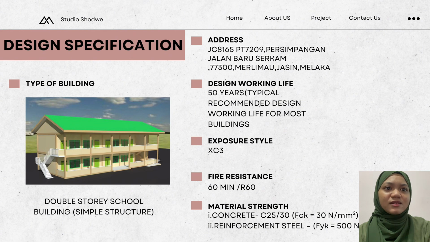Material strength, concrete C25/30, fck 30 N per millimeter square. Reinforcement steel fyk 500 N per millimeter square.